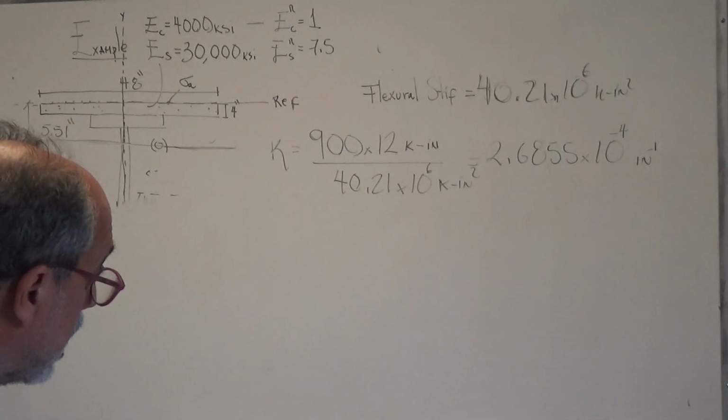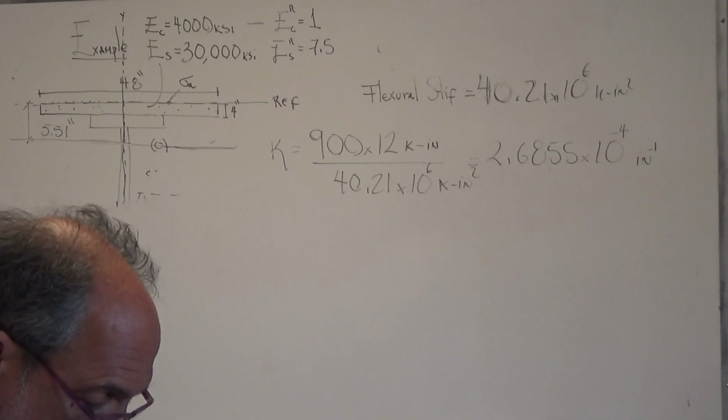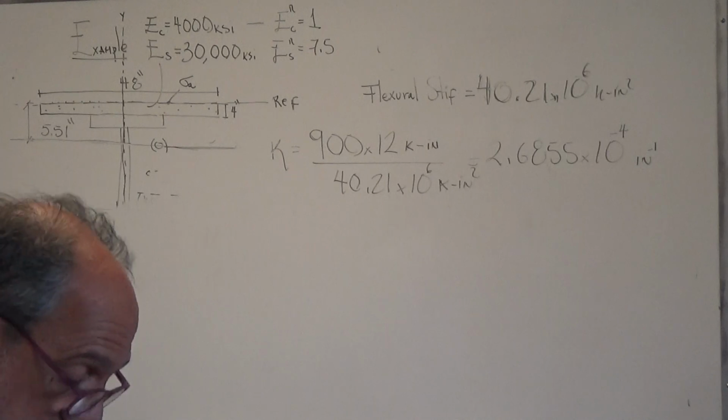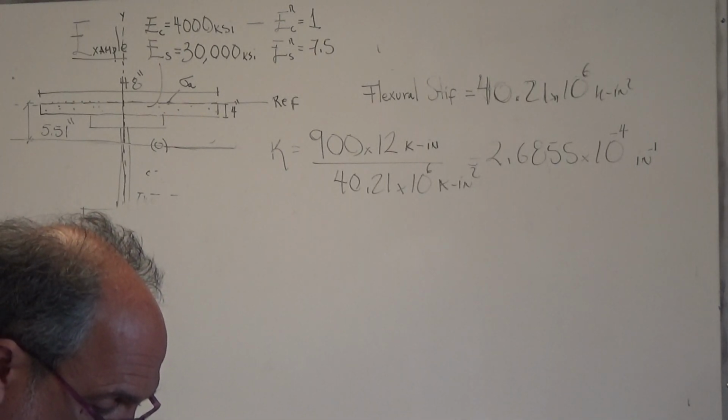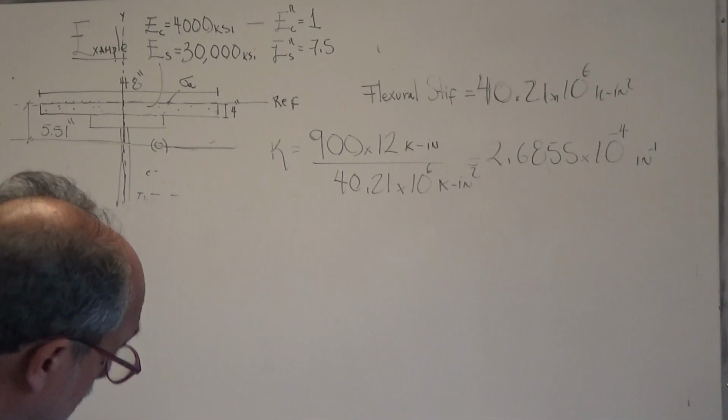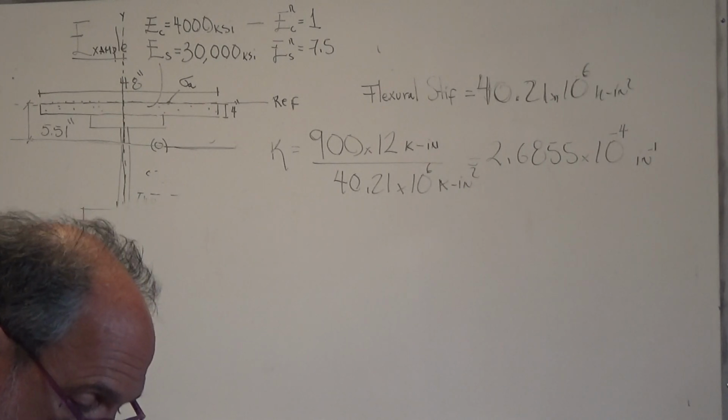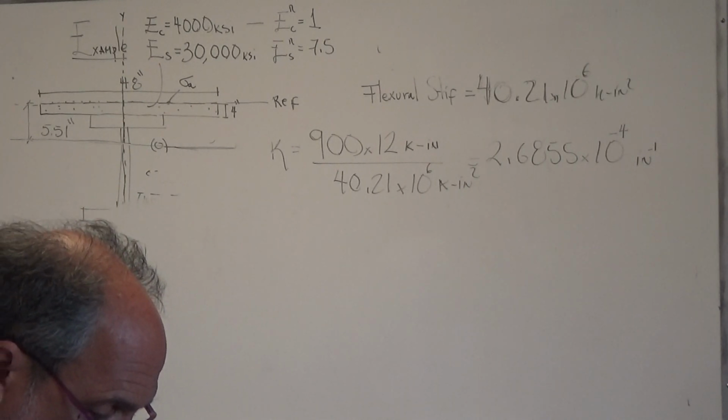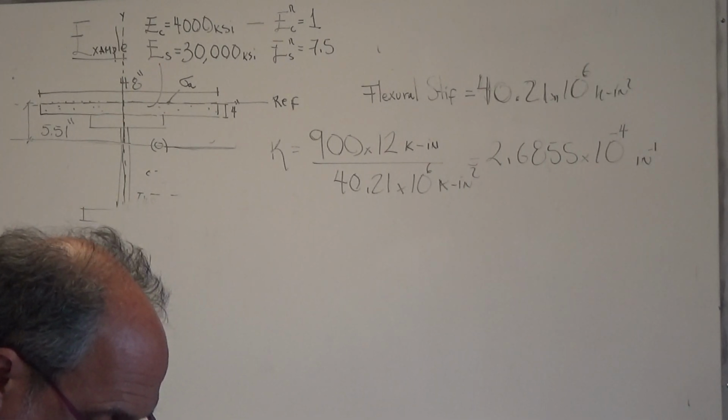Let me double check. 40.21 times 10 to the 6, divided, no, that's 900 times 12 divided by that.